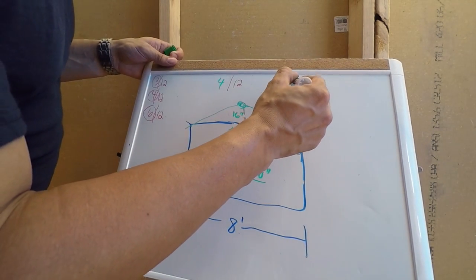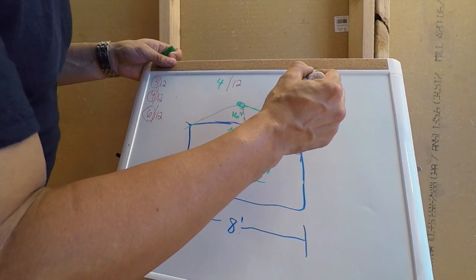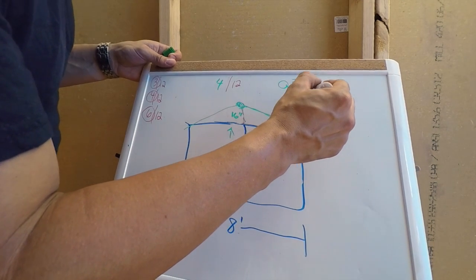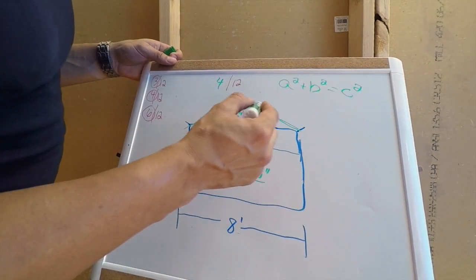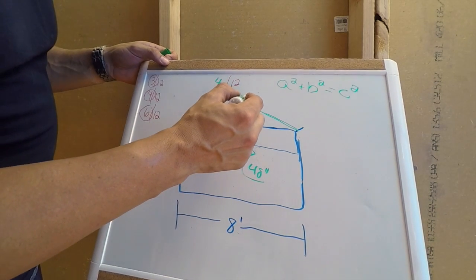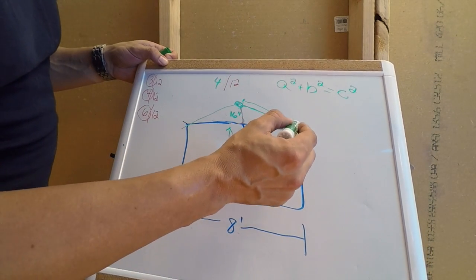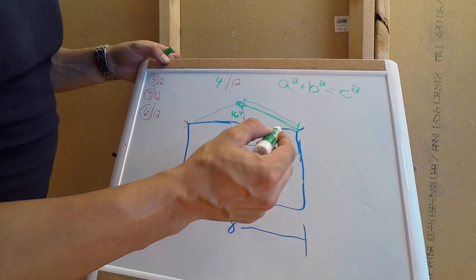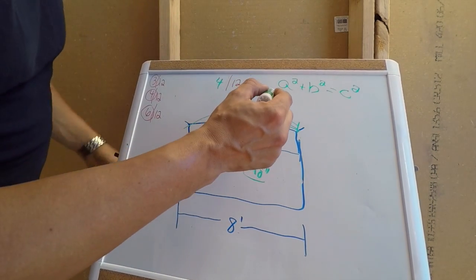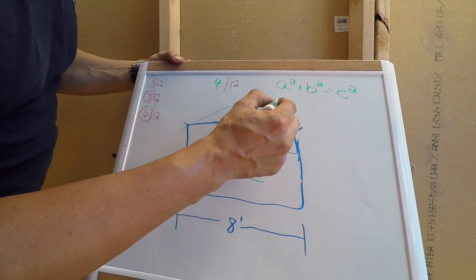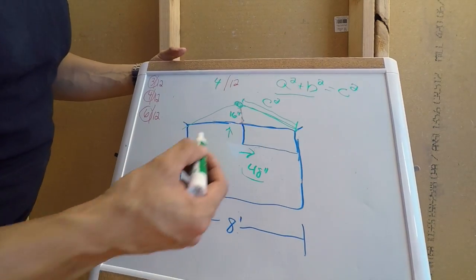The calculation that we're going to be using is a squared plus b squared equals c squared. C is the distance from the top of the peak to the ending corner of your top plate. We don't know what c squared is until we do this calculation.